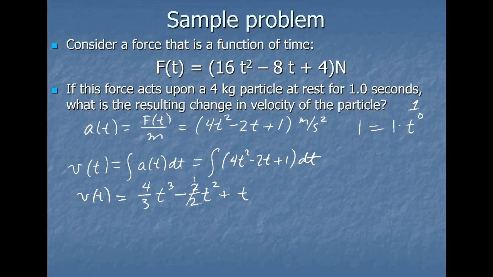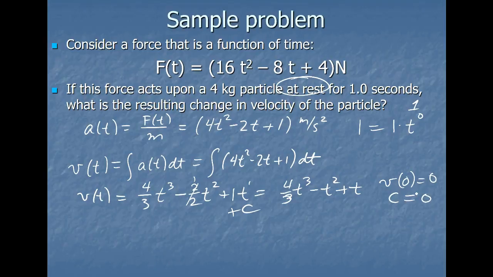So t to the 0 becomes t to the 1, and since we're multiplying by 1, it's just t. So I would write this as 4/3 t cubed minus t squared plus t, and then this would be plus c, but again, we're going to say that this is at rest, so since there are no other constant terms in here, we would say v of 0 equals 0, and consequently c equals 0. So this is our velocity.